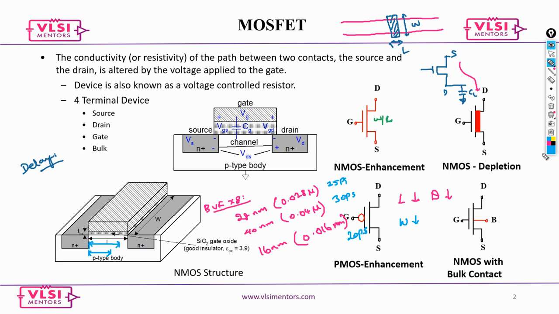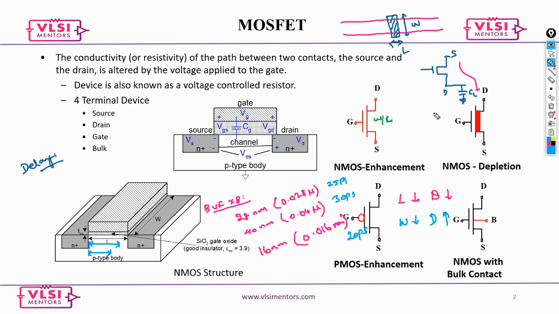Okay, can you justify more how it is? The channel width reduces for the current to pass, so that's why it takes a long time.